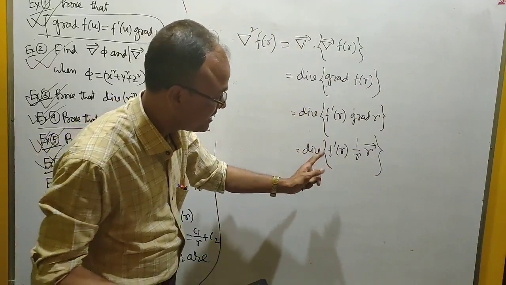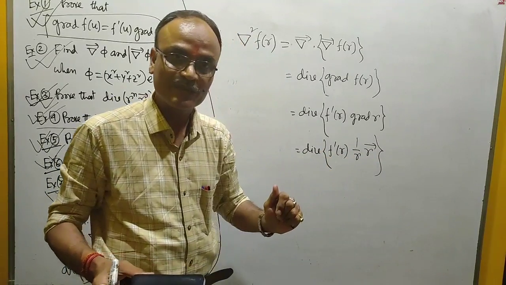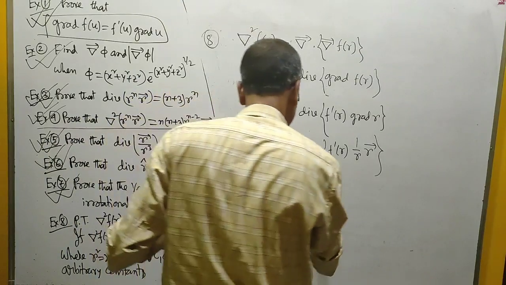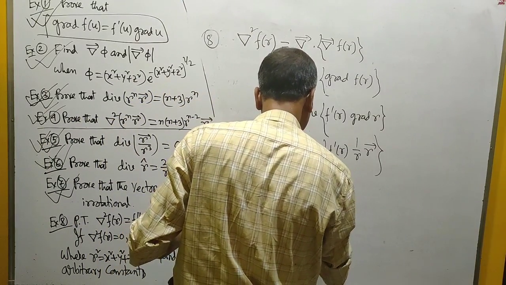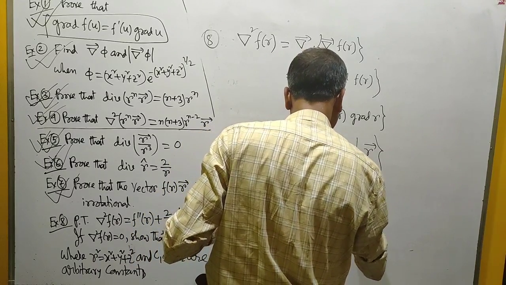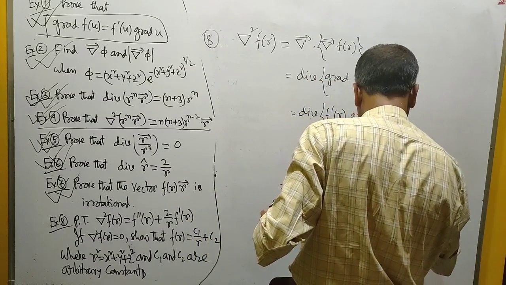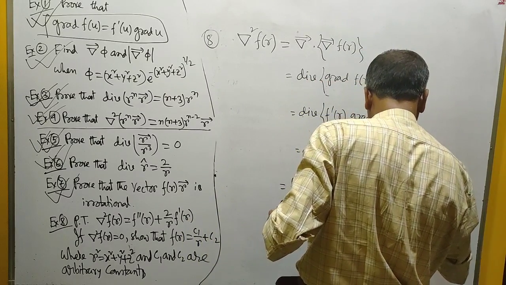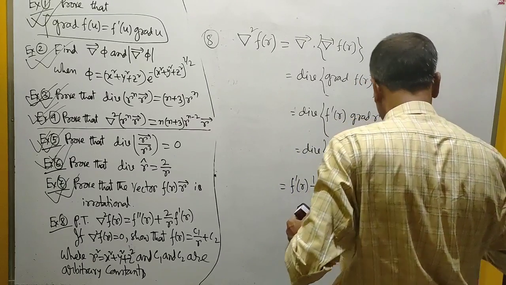Now, what is the divergence of a scalar times a vector? This is equal to f dash r by r into the divergence of r vector plus the gradient of f dash r by r dot r vector.